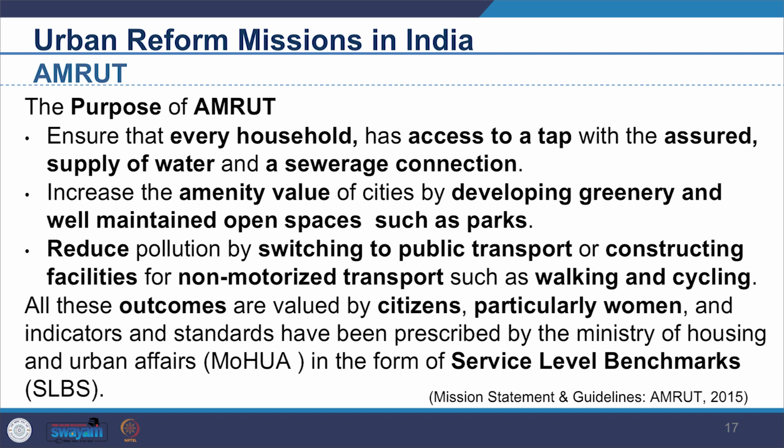All these outcomes are valued by citizens, particularly women, and indicators and standards have been prescribed by ministry in the form of service level benchmarks, also abbreviated as SLBs. AMRUT has also been extended for 2 years and most likely to be finished in 2022.